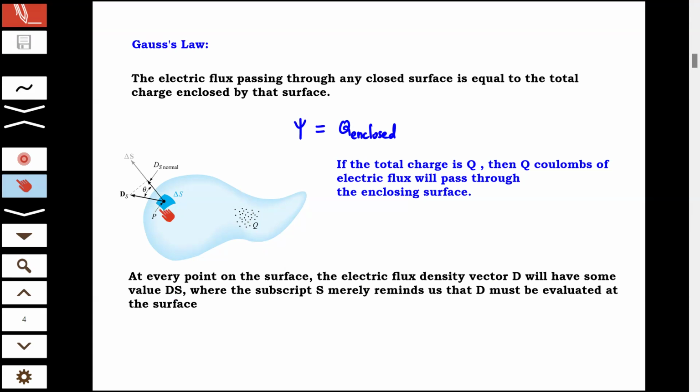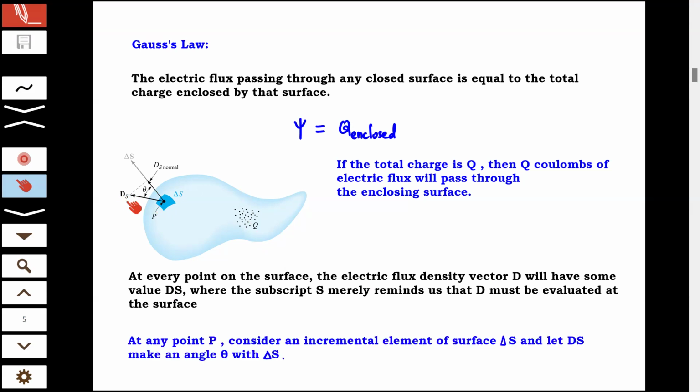Let us consider an incremental surface on this closed surface, and D suffix s is the electric flux density on this surface. So the suffix s indicates the flux density on the surface. At any point P, if this incremental surface del s makes an angle of theta, we consider D dot del s in terms of this angle theta.